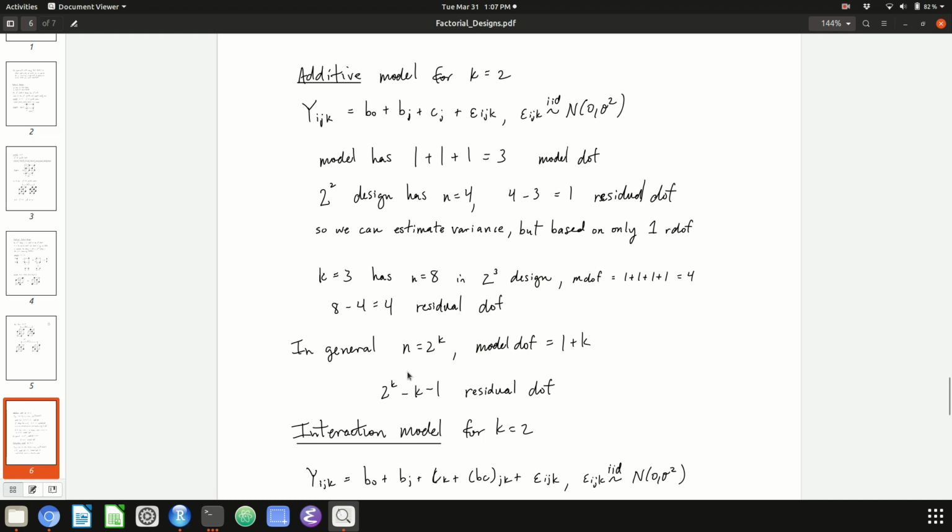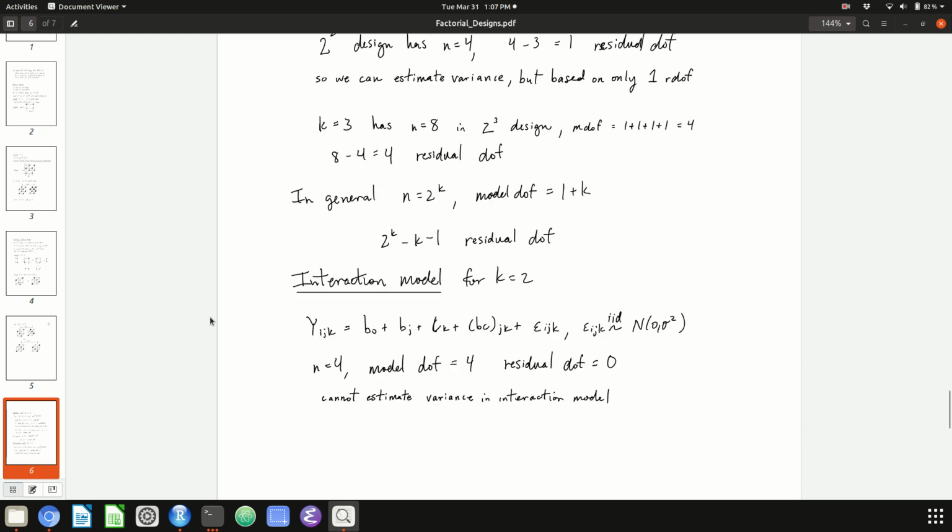In general, in the 2 to the k design, the model degrees of freedom is going to be 1 plus k, and the residual degrees of freedom is 2 to the k minus 1 minus k. So in every case we can estimate the additive model because we have more data points than model degrees of freedom.